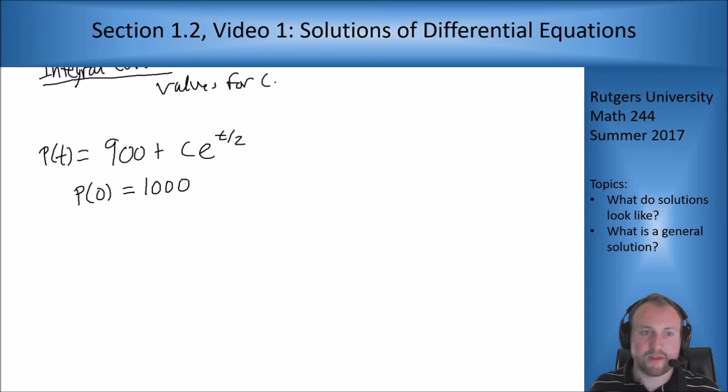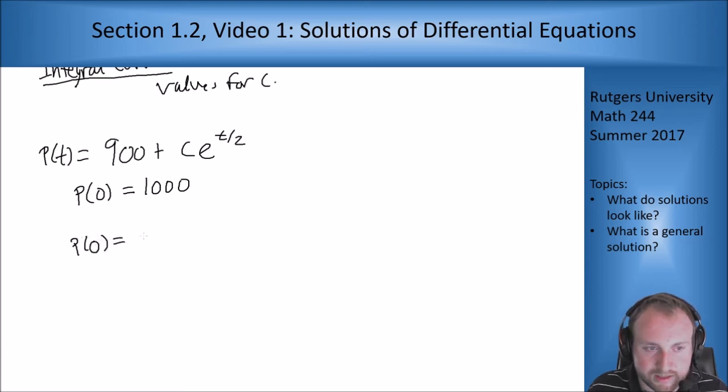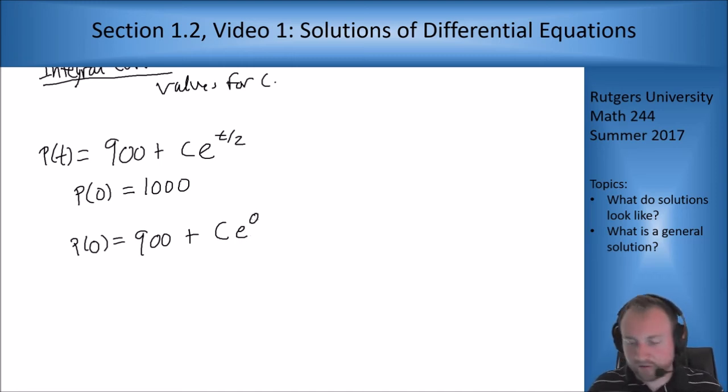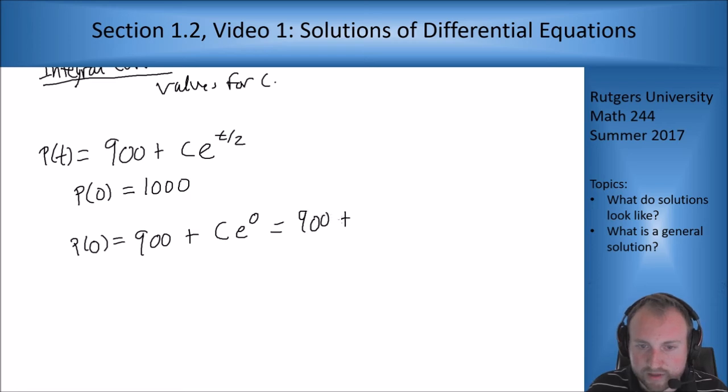How do we go from there to figuring out c? Well, all we have to do is plug in t to be 0 and see what happens. By my expression, p of 0 is going to be 900 plus c times e to the 0. E to the 0 is just 1. So this is 900 plus c, which I know needs to be 1,000. Therefore, I have c equals 100.